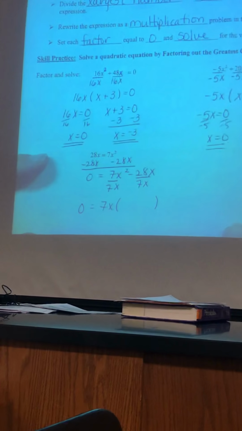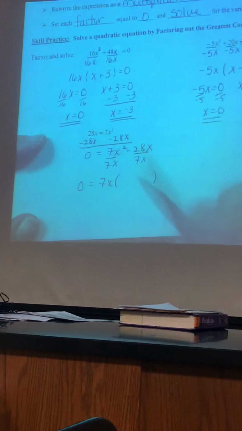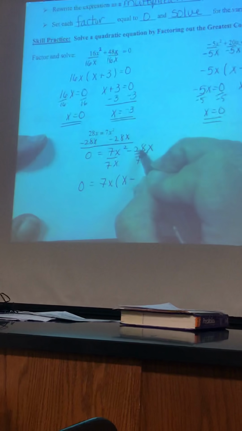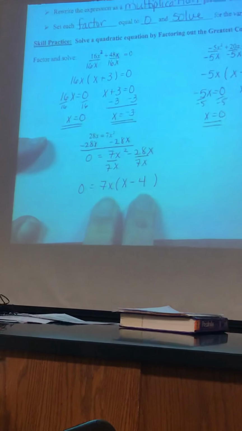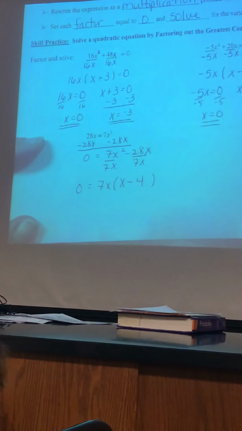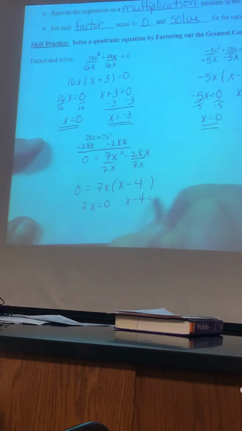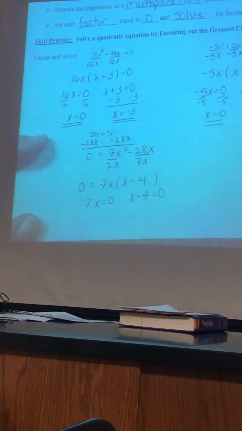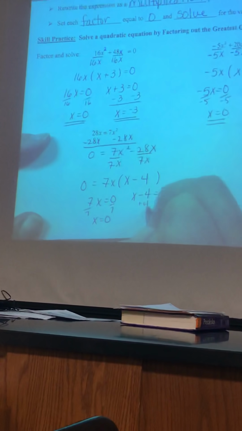Now what am I left with? If I take 7x squared and divide by 7x, and if I take 28x and divide it by 7x, these are my factors. If I take 7x and set it equal to 0, and x minus 4 and set it equal to 0, I divide by 7 and add 4.